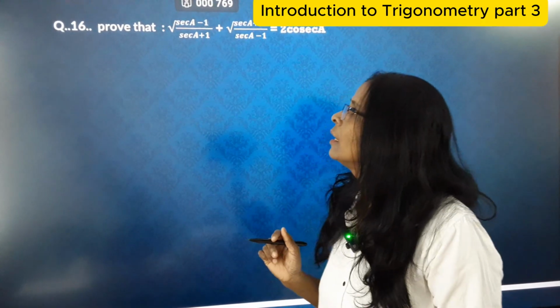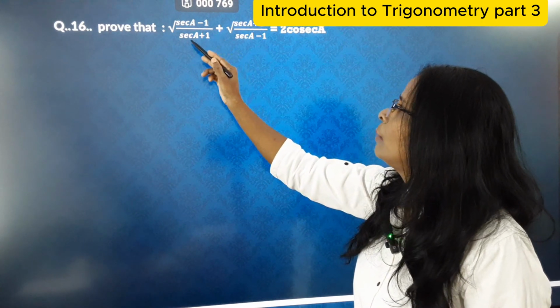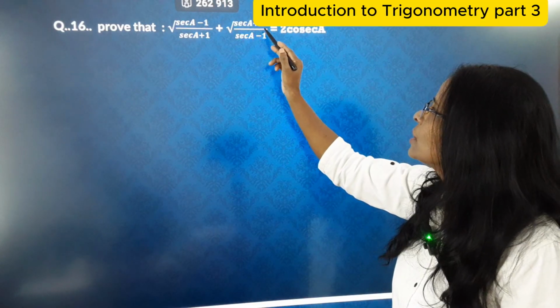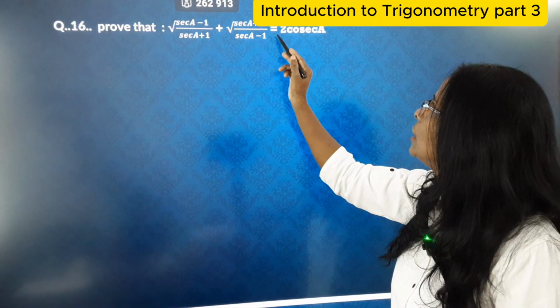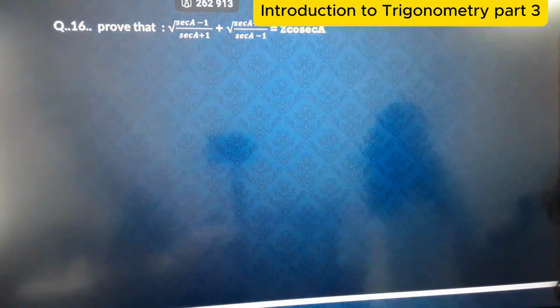Example students, prove that square root of sec A minus 1 upon sec A plus 1 plus square root of sec A plus 1 upon sec A minus 1 is equal to 2 cosec A. So let us start to solve it.